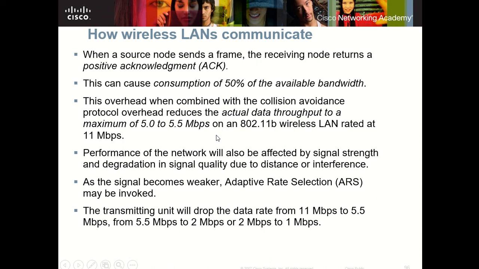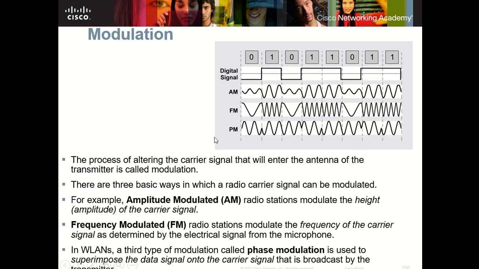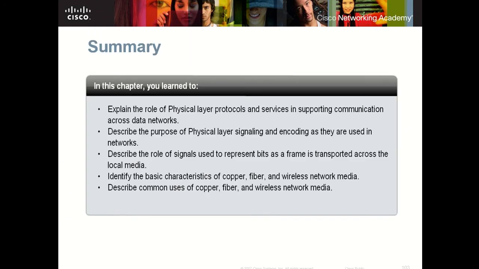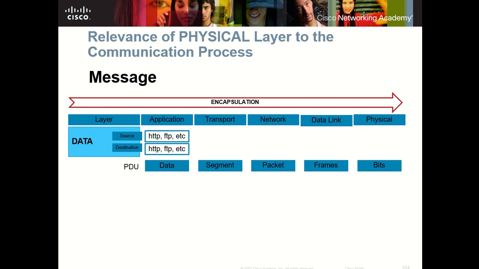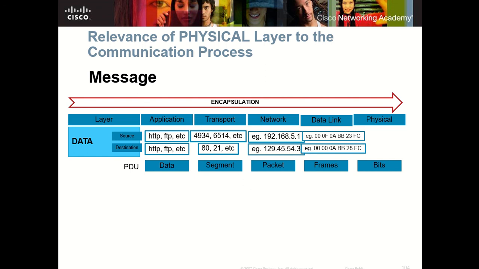Alright, let's proceed to the last, the usual ending of our chapter. What is the relevance of the physical layer to the communication process or during the encapsulation process? Take note that in the data link, we specify the unique address of the devices that will receive the data, to help that data, packet or frame traverse towards a destination.